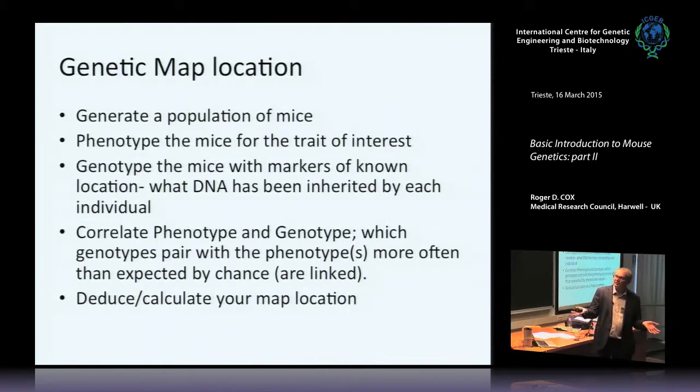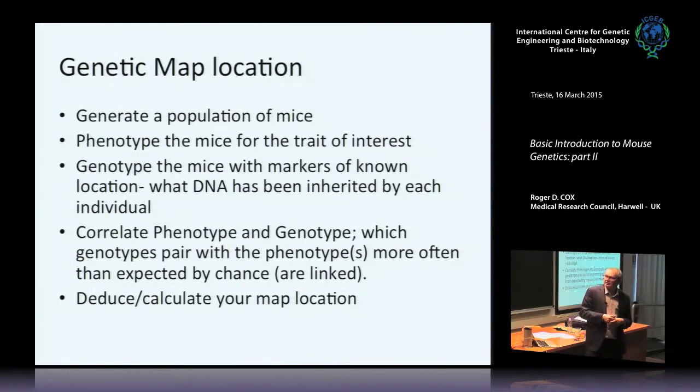You need to generate a population, cross them together, generate offspring, and phenotype those mice for your trait: blood pressure, glucose, obesity, whatever, behavior. And then, having got the phenotypes, genotype the mice with genetic markers of known location. We know where all the polymorphisms are in the mouse genome because they're mapped in databases now.